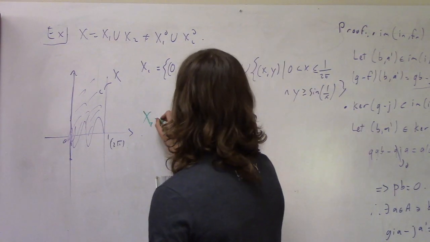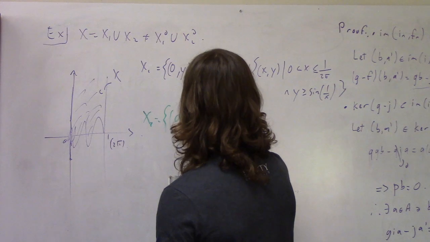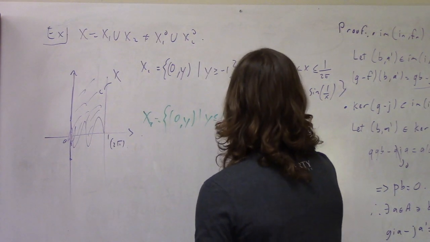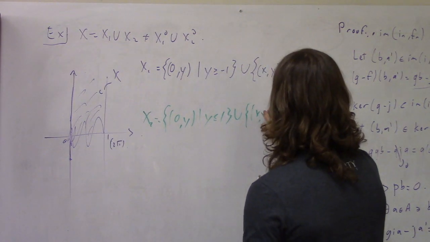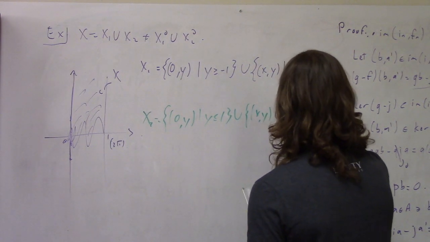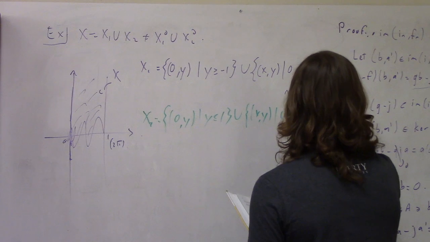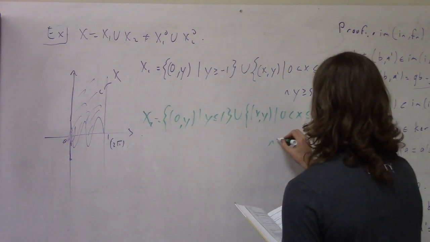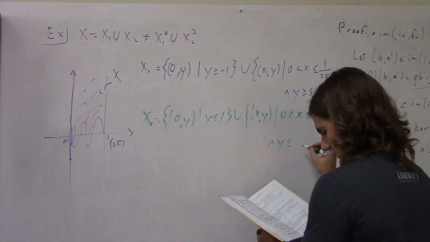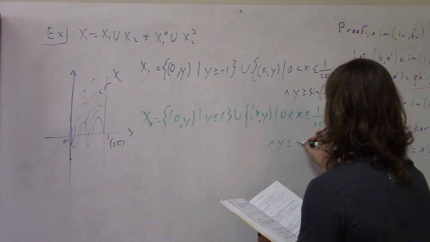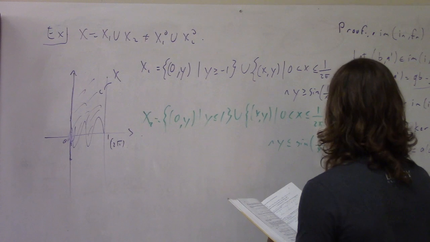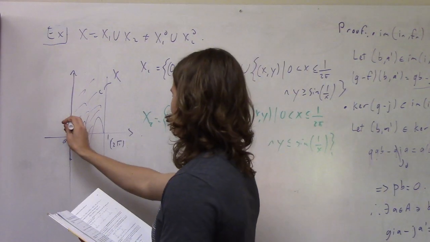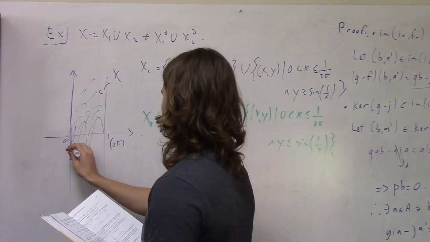X2 equals the set of (0,y) such that y is less than or equal to 1, union the set of (x,y) such that x is the same as before and y is less than or equal to sine of 1/x. Okay, so that is going to be everything below that awful thing.